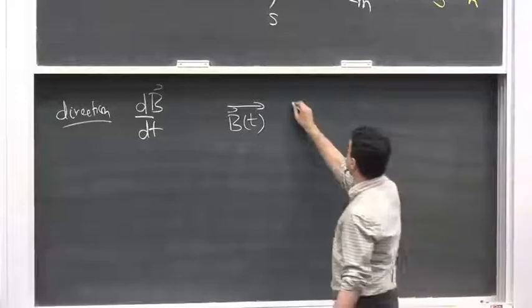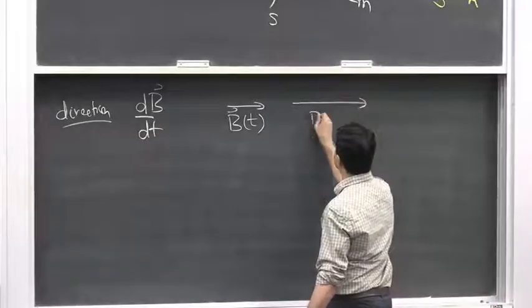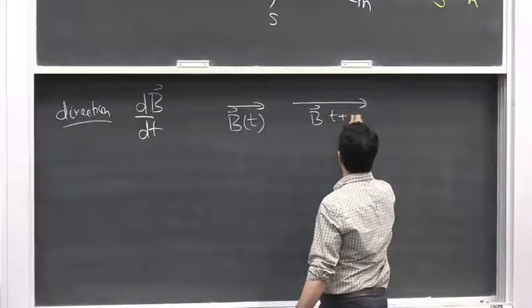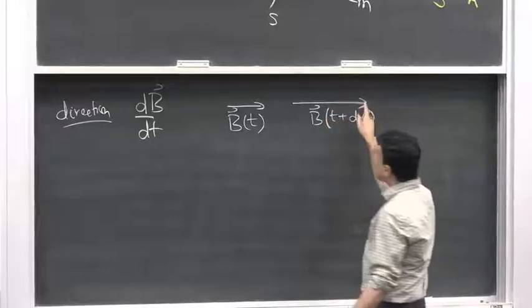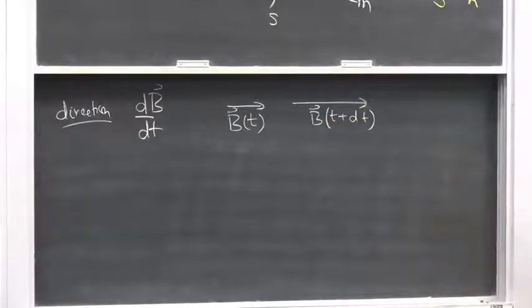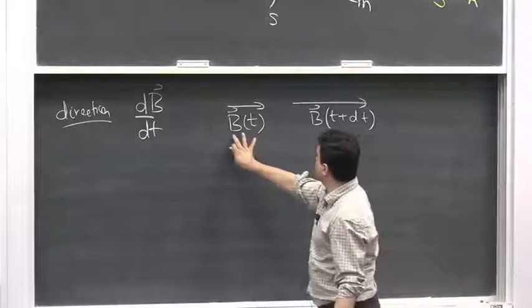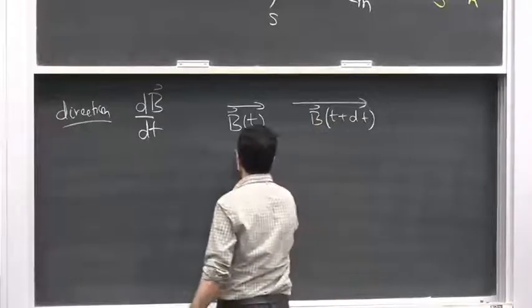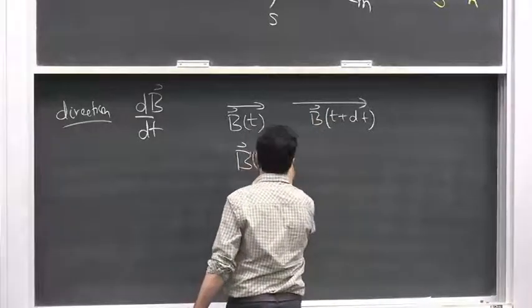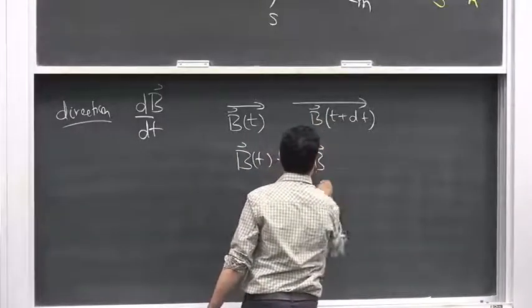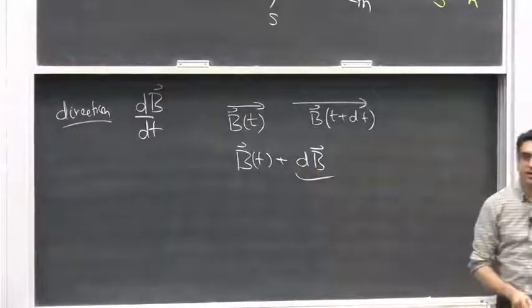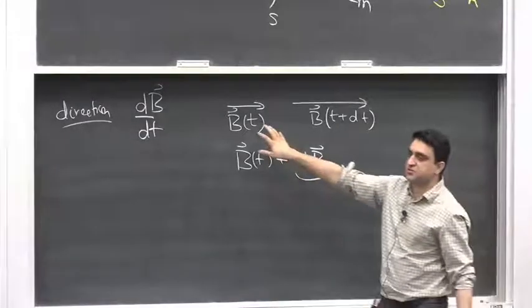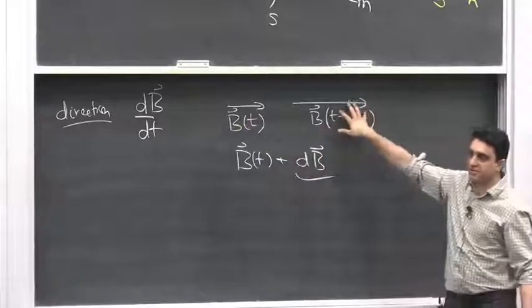At a later time, this magnetic field becomes different and it has a longer amplitude. So the question is, how do you come from here to here? By adding a certain vector to this original field, and then I would get that thing.